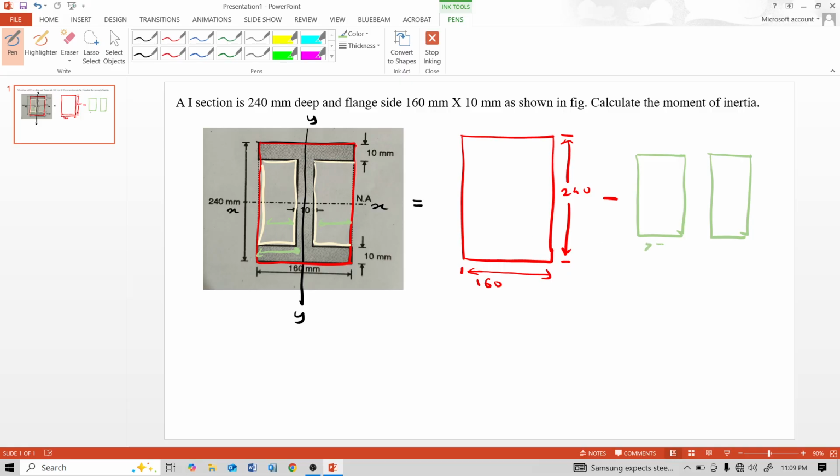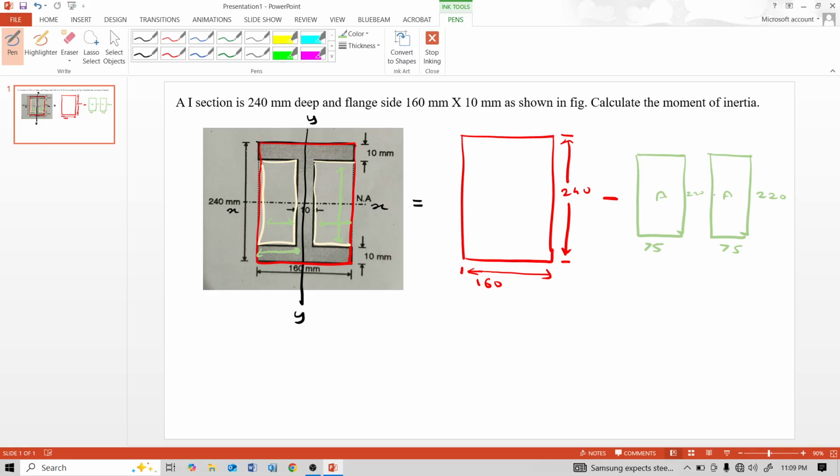And for this vertical distance it is 240 minus 10 minus 10, deducting both flanges from this 240, that means 220. Both these sections are the same, A and this is also A.